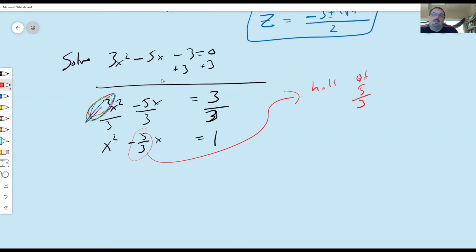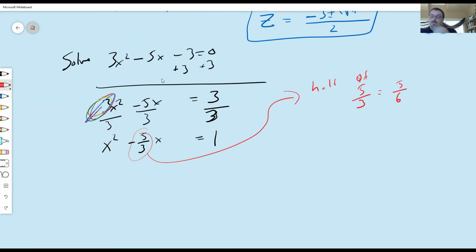Well, let's think about this real quick. If I do half of a cup, what's half of a cup? It's a fourth of a cup. So I basically multiply that denominator by 2. So half of a third is going to be a sixth. So it's going to be 5/6.